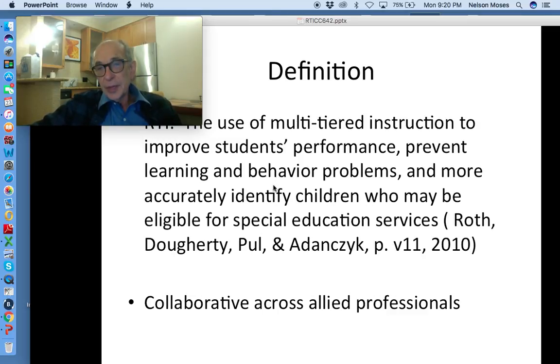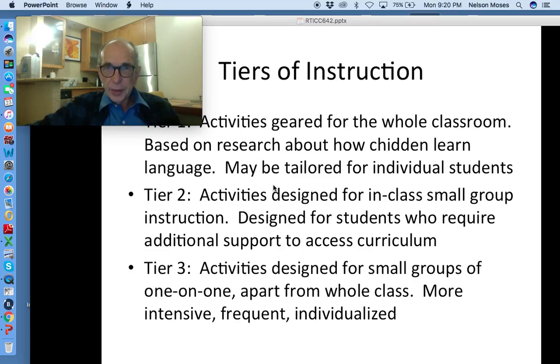But if the kids really do need the special service, then RTI intervention really gets to know the child, and will perhaps be a more accurate approach to identify children who may be eligible for such services and require them. But it's that number 2 thing, prevent learning and behavior problems, which is where the focus lies.